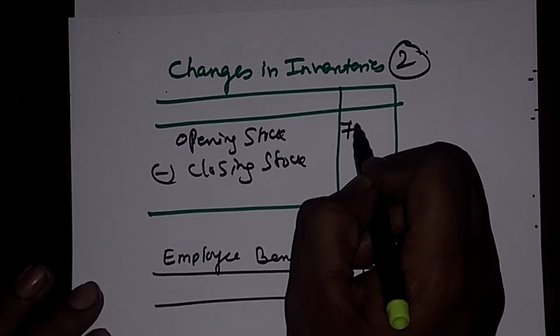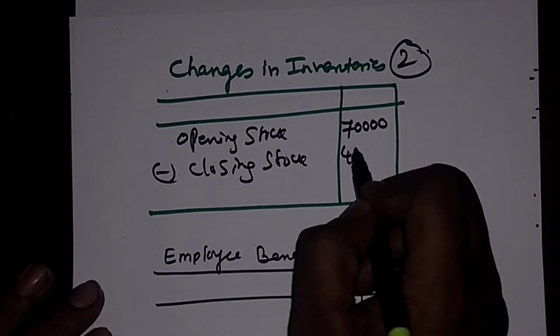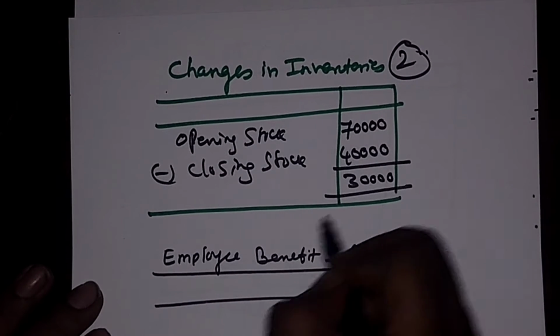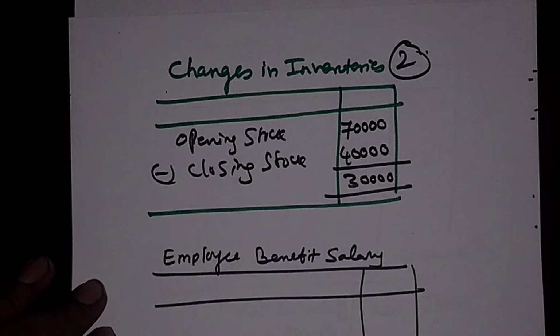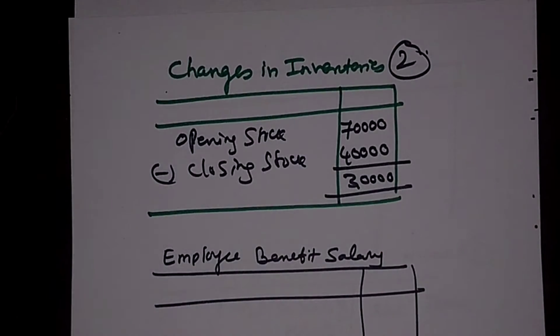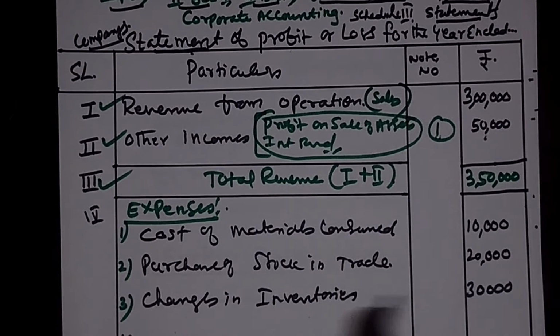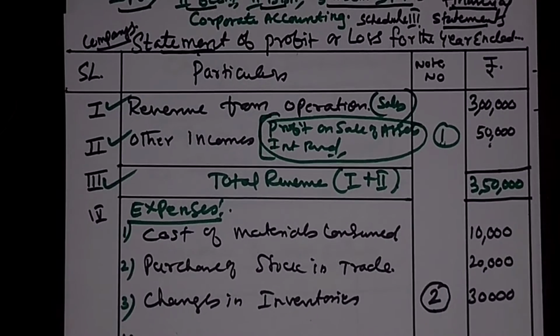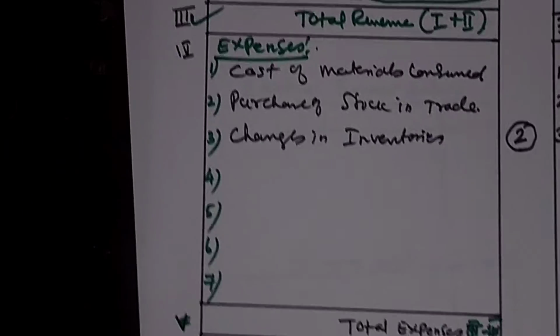For example, opening stock is 70,000, closing stock is 40,000. I get the balance as 30,000. This is called changes in inventories. This 30,000 only I am showing in the changes in inventories. How has this changes in inventories arisen? You see note number 2 in the following tables.